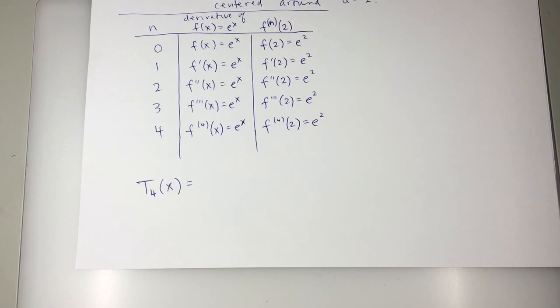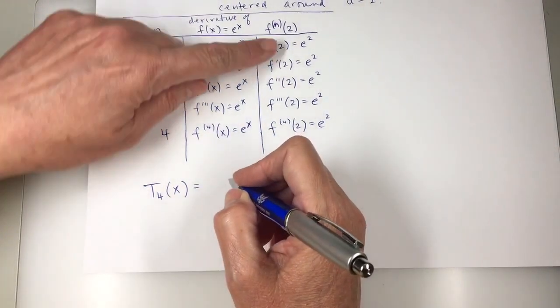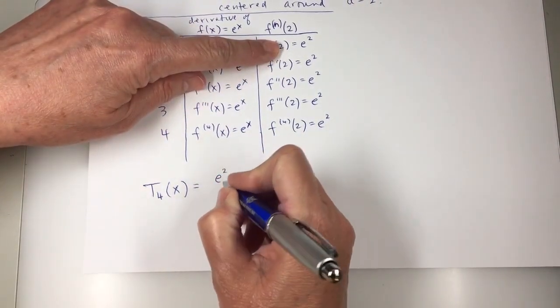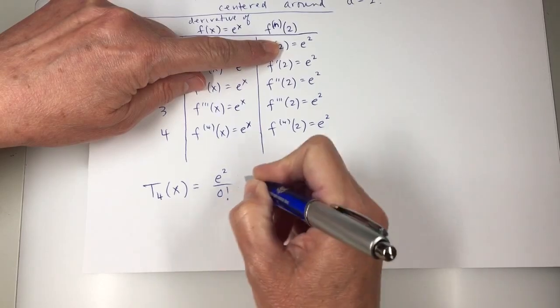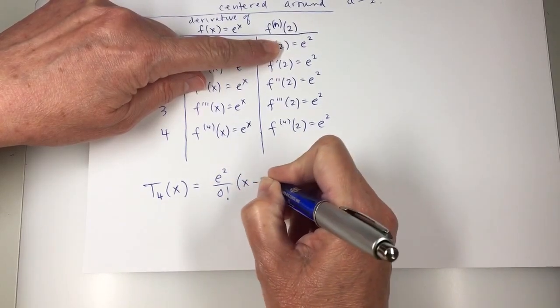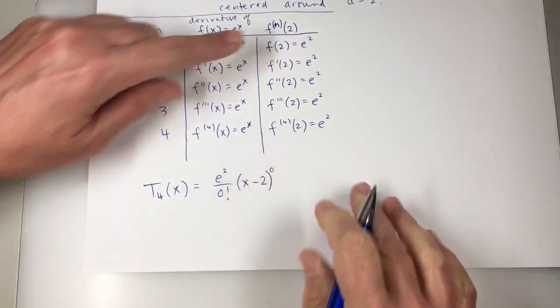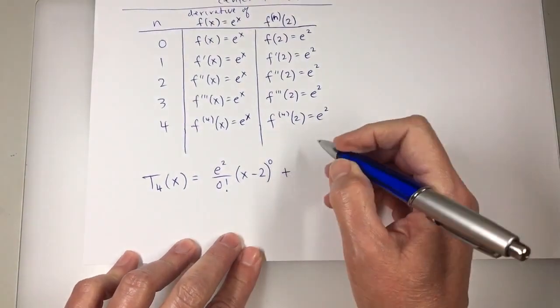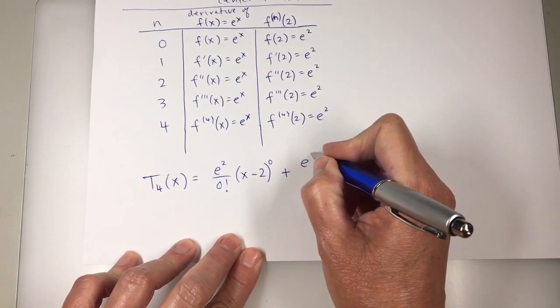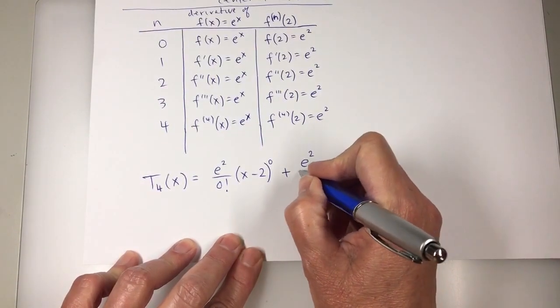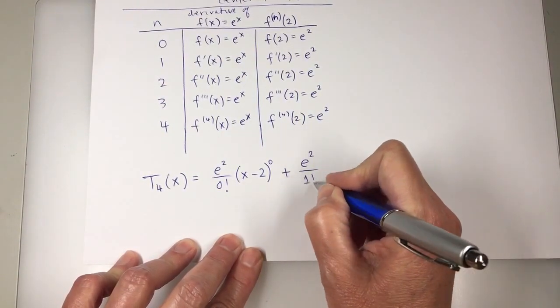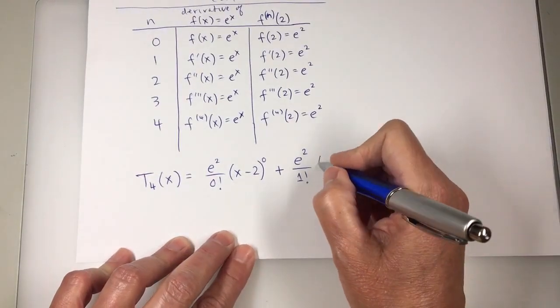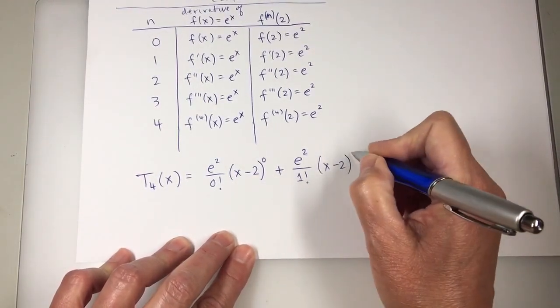It'll be f at 2, which is e squared, over 0 factorial times x minus 2 to the 0th power. That's the first term. The second term is the first derivative at 2, which is e squared, over 1 factorial times x minus 2 to the first power.